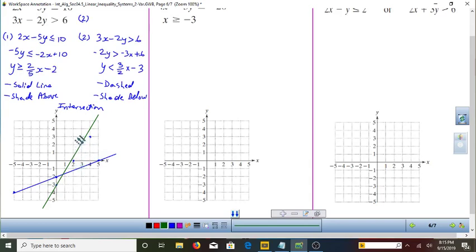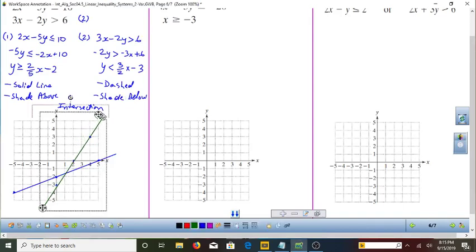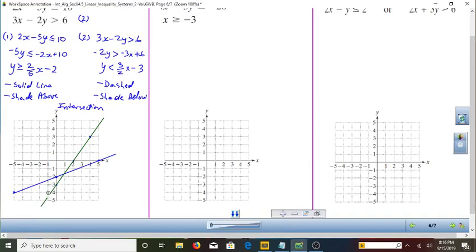Up 3 to the right 2. So let's see if we can adjust this to make sure that it passes through the right region here. There we go. Then I'm going to make it into a dashed line.